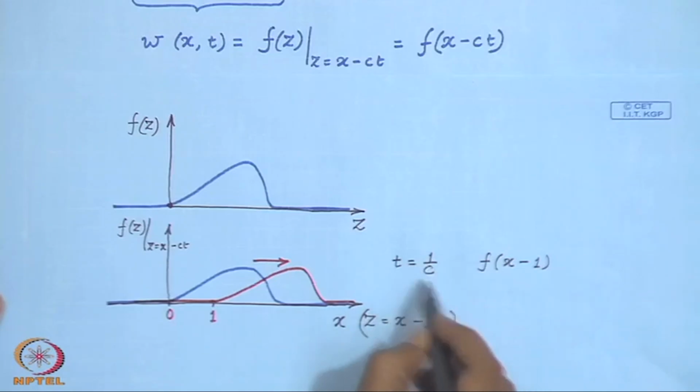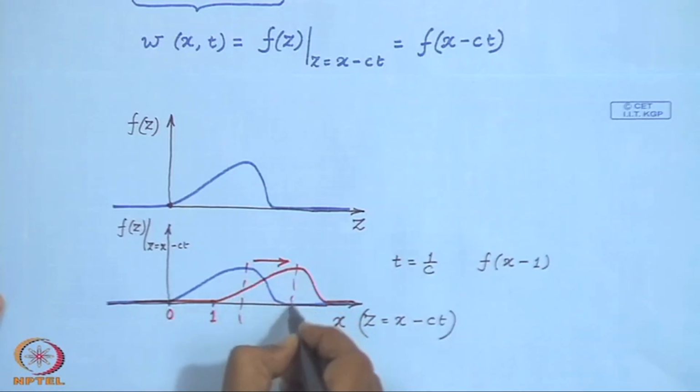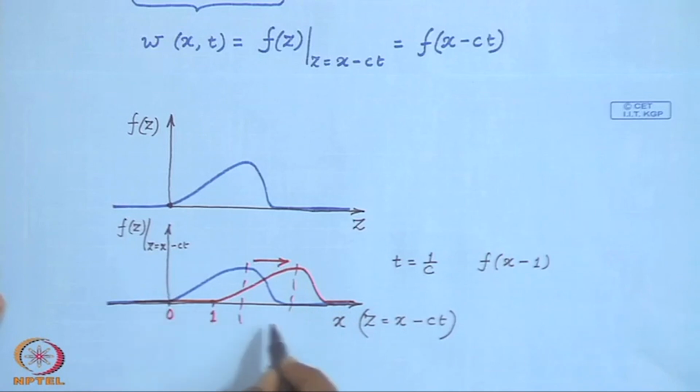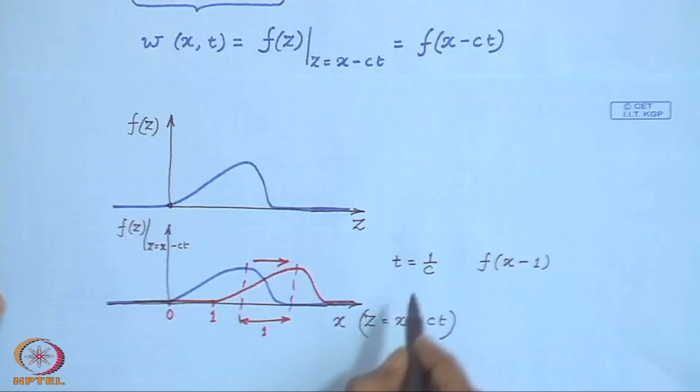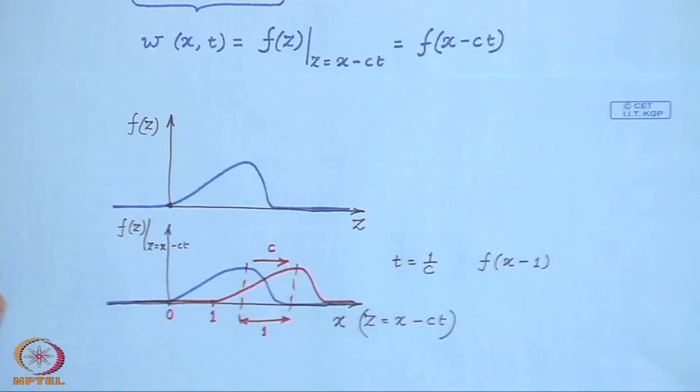In time 1 over c, it has moved a distance of 1 unit. So, if you track the peak, it will be the same as this. So, this is 1 unit. It has travelled a distance of 1 unit in time 1 over c. So, the speed of propagation is 1 over 1 over c, which is c.